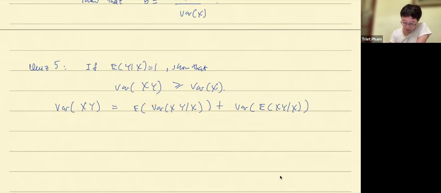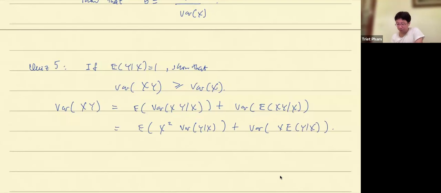So therefore, the first expression, x can come out as x squared. Right, so we have that.